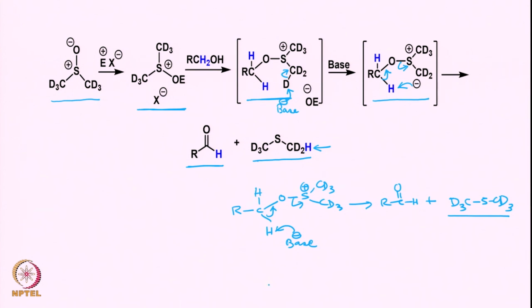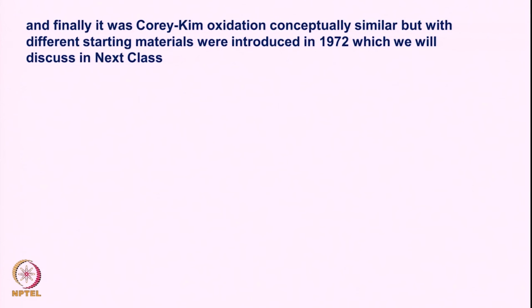So now, having established this particular type of intramolecular abstraction of a proton, many more oxidations have been reported, and it was finally Corey and Kim who also utilized conceptually similar but somewhat different starting materials. For example, one can also get this intermediate from the crucial intermediate derived from the dimethyl sulfide, and here you have a leaving group.